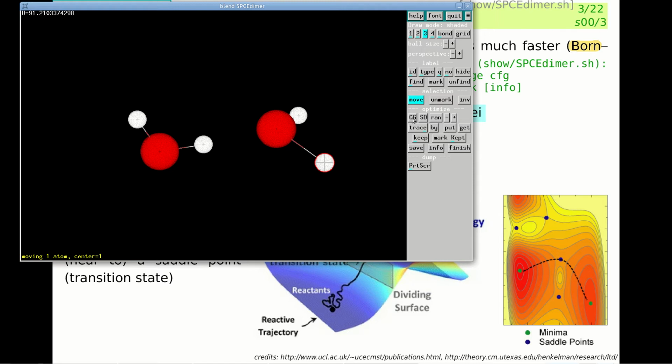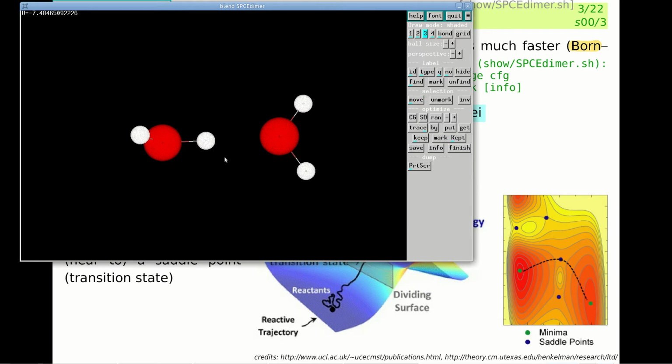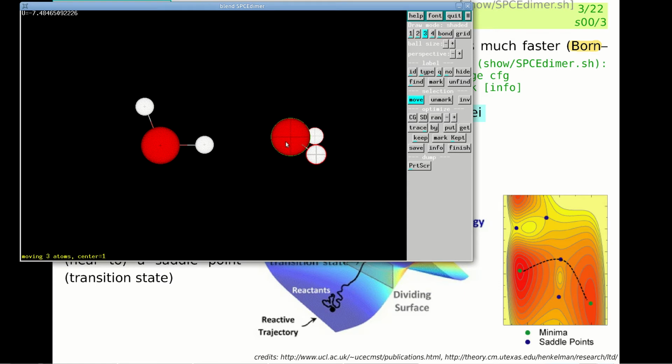I can return back by minimization, by optimization of the energy, so it will minimize it again, and I can play with it further. For example, if I take this molecule as a whole and move it a bit, and again if I recalculate energy, I can see that it is higher. It is not in the minimum, but now the energy difference is much smaller because I moved a whole molecule and only broke the hydrogen bond here.